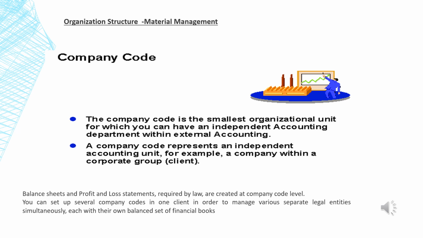Balance sheet and profit and loss statement, which are required by law, are created at the company code level. So we can set up several company codes in one client in order to manage various separate legal entities simultaneously, each with their own balance sheet and financial books.